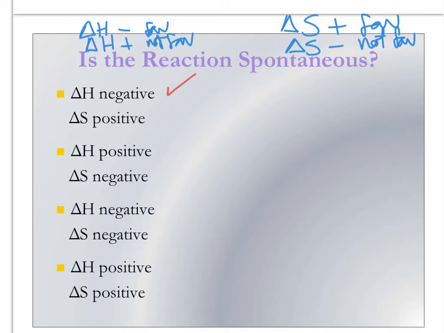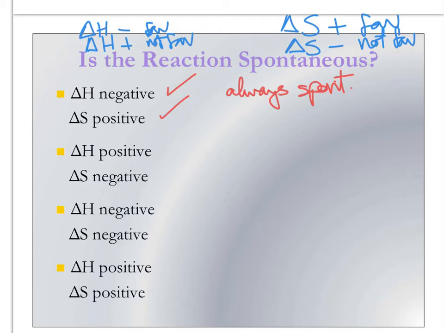Reaction should go according to delta H. How about delta S? If delta S is positive, that is favorable. That's great. So this reaction is favored by both enthalpy and entropy. They're both saying this reaction should happen. That means the reaction is always spontaneous. What does that mean? It means it will happen at any conditions. Now, it does not mean it's going to happen fast, but it will happen eventually.